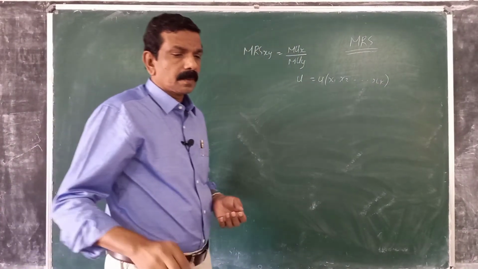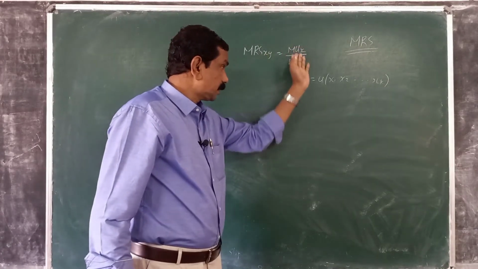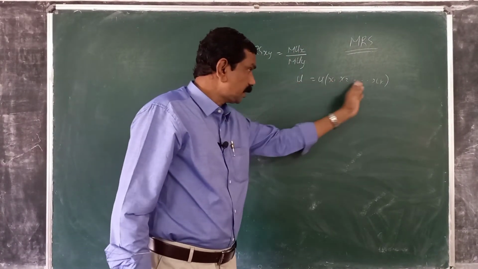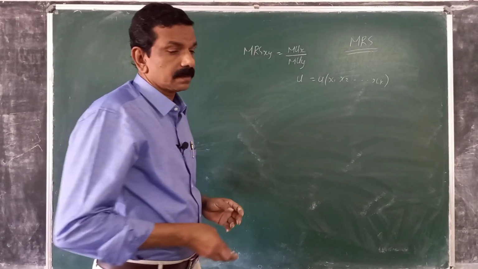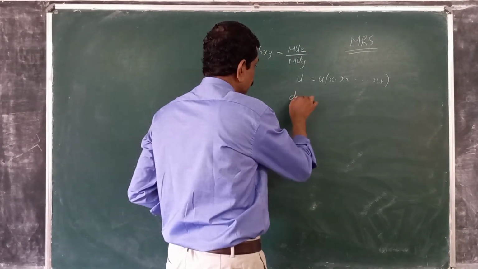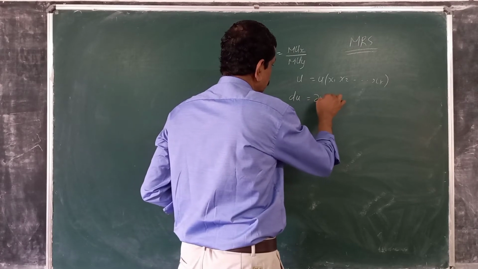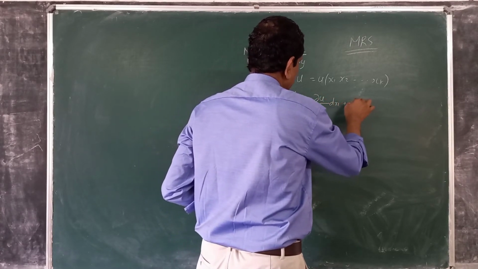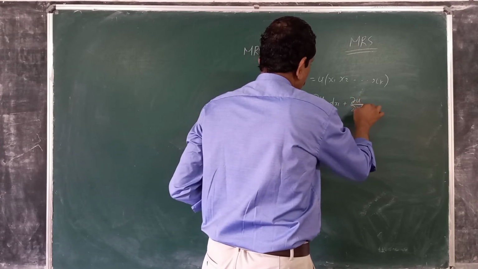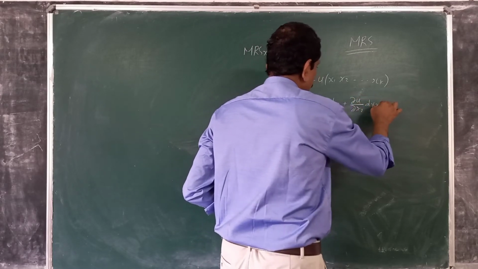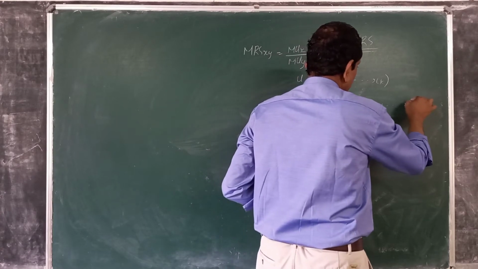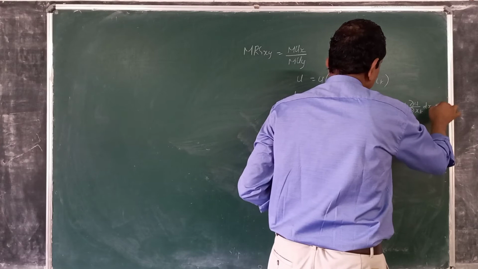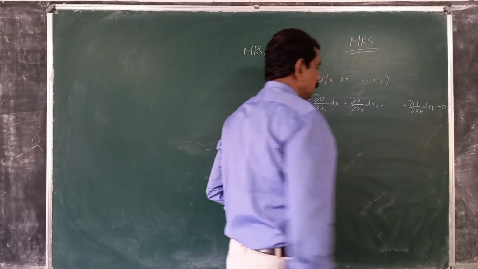Now, this relationship is derived by taking the total differential of the utility function, that is du is equal to ∂u/∂x1 into dx1 plus ∂u/∂x2 into dx2 plus etc. ∂u/∂xk into dxk, and it is equal to 0.